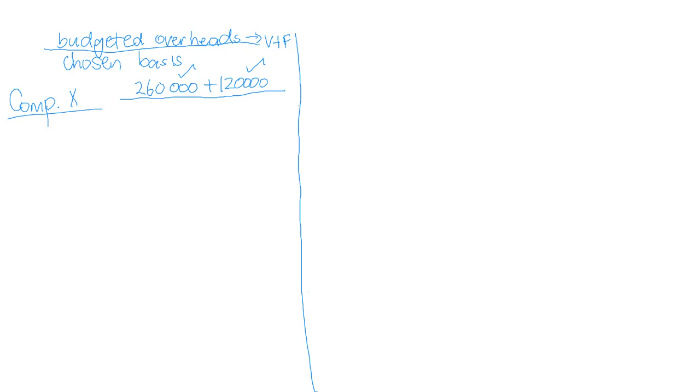And what is the budgeted labor cost for company X? Yes, 95,000 Rand is your budgeted labor cost. So you're going to divide that by 95,000 Rand. And remember, when the basis is labor costs, it's expressed as a percentage. So you would need to then multiply by 100.